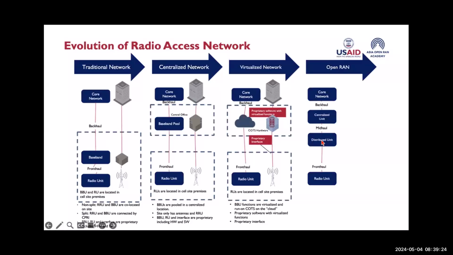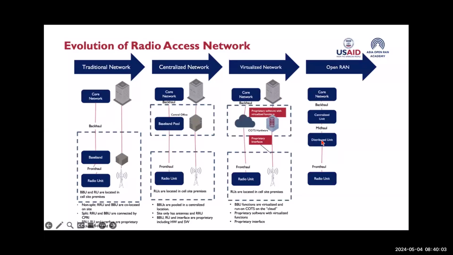So if you have different use cases that require different requirements, that means you need to have a very flexible network in terms of software and in terms of location of each component. So now if the functionality of the baseband unit can be changed physically to each other, if you want to have a lower latency, you need to put the part of the distributed unit near to your subscriber.